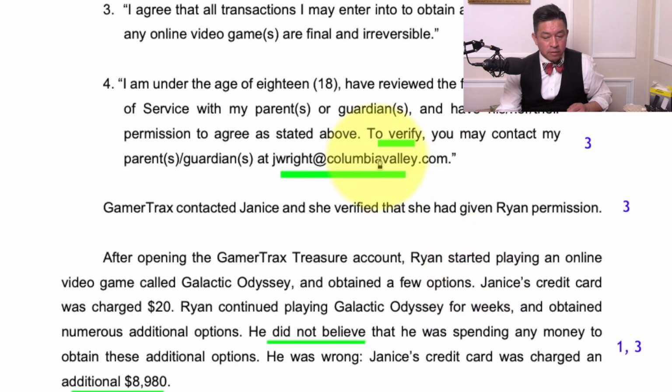Right here, look. To verify, you may contact my guardian, Jay Wright. That's the mother. So it's traceable. So that is going to probably bind the mother so that she is liable for the $8,000+. Does that end the discussion? The answer is no, it does not.